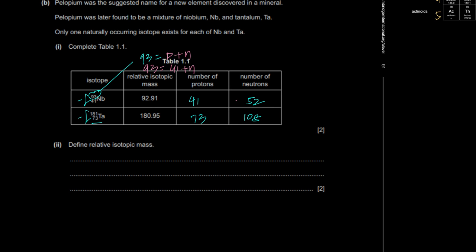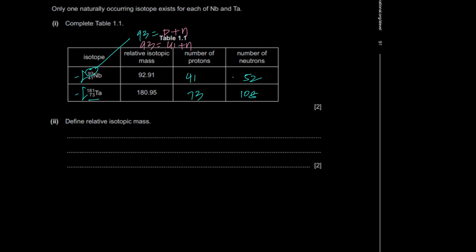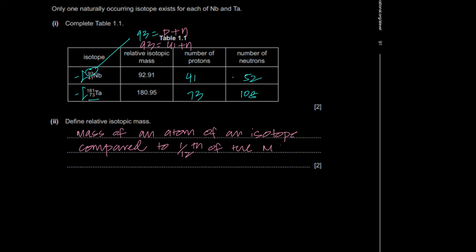Define relative isotopic mass. Pretty easy. It's the mass of an atom of an isotope, as we literally covered in the previous question, relative to or compared to 1/12 of the mass of a carbon-12 atom, where carbon is exactly 12 units.